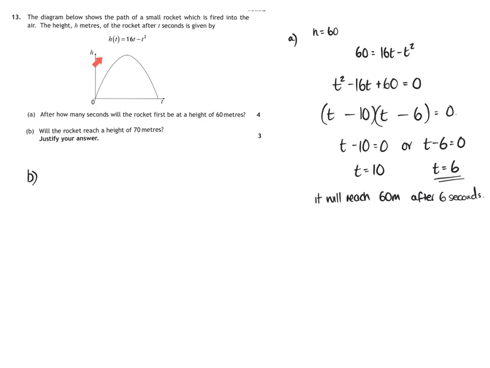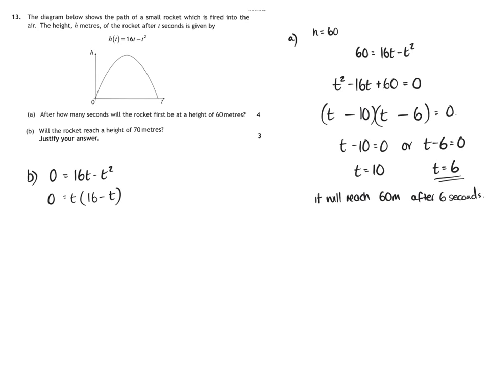So to do that, we need to figure out our roots first. So we need to figure out where the middle of that's going to be. And what we know about parabolas is that the turning point is halfway in between the 2 points where it crosses the axis. So if we look at height is 0, we have 16t minus t squared. So we can take out a common factor, so we get t, and then we get 16 minus t.